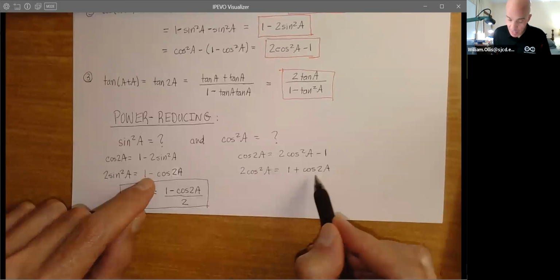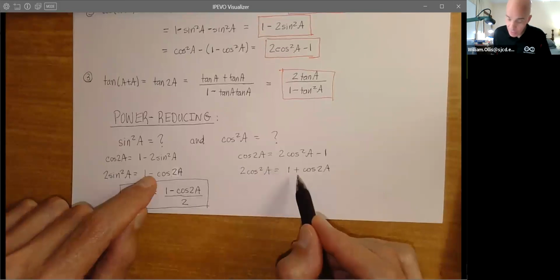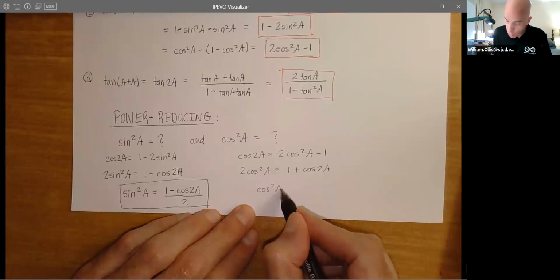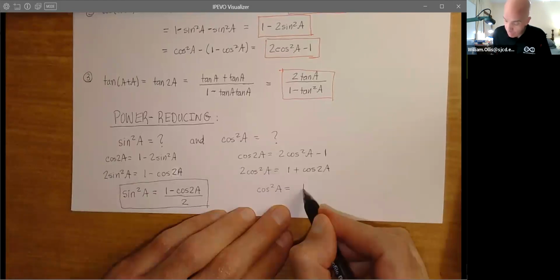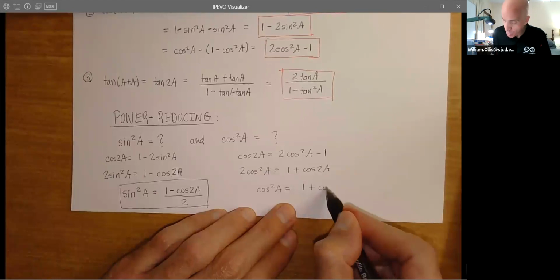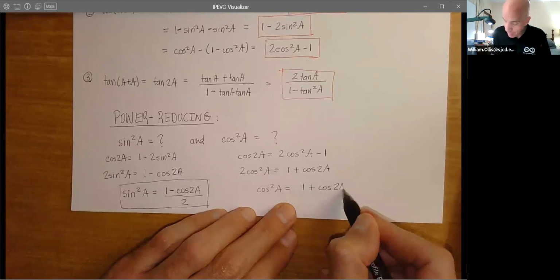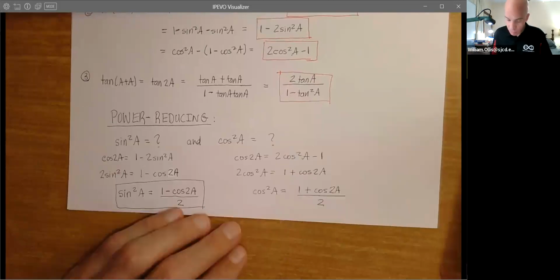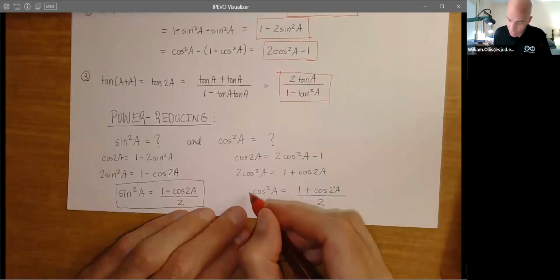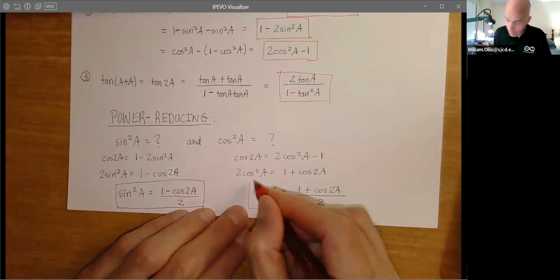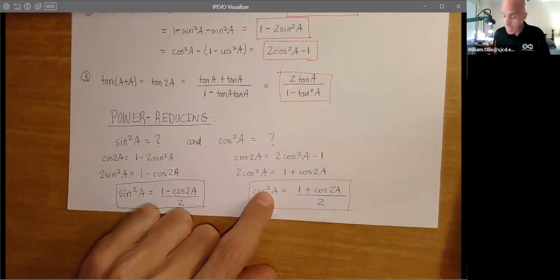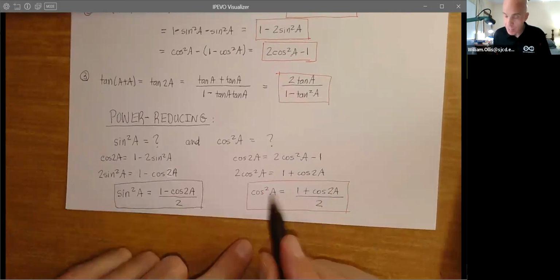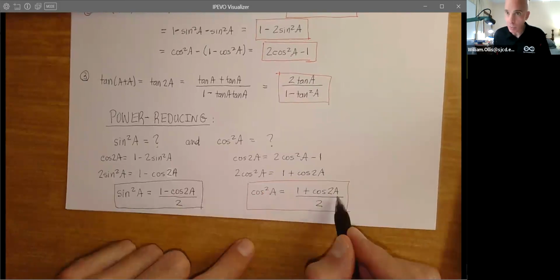Again, we see the difference between the minus and the plus, and when we divide by 2, the square of the cosine is 1 plus cosine 2A divided by 2. So this is very important, ladies and gentlemen. This is a single angle. This is the double angle.